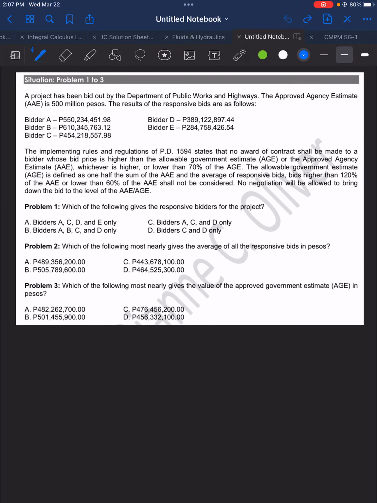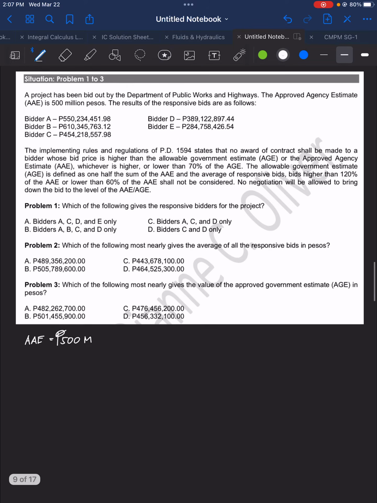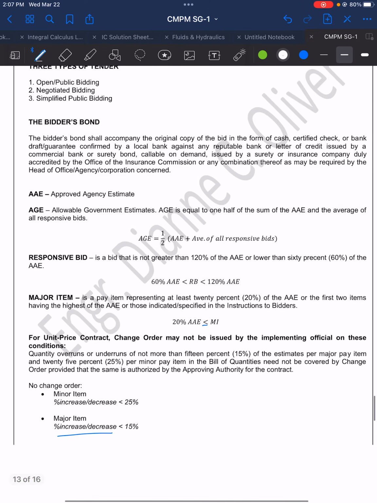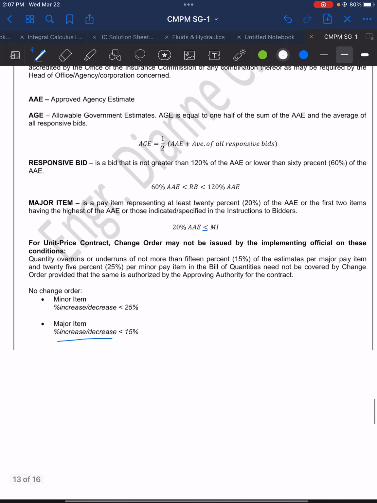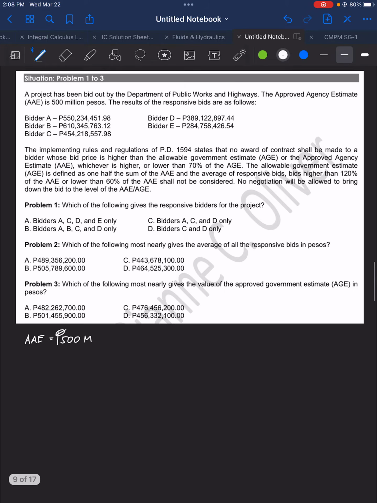So let's determine among these 5 bidders which of them are the responsive bidders or the qualified bidders. Okay, so let's put here, given the AAE is 500 million pesos. As we have discussed earlier, here is the interpretation for the responsive bidders, and then we will write in the solution.